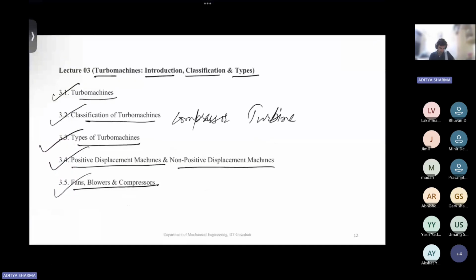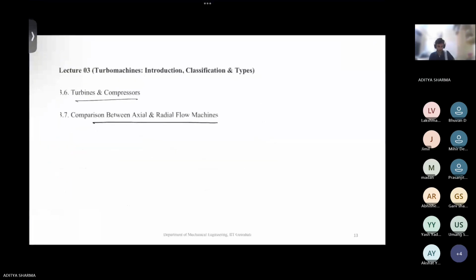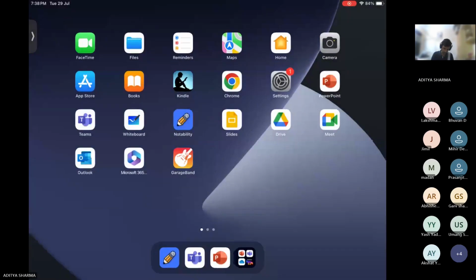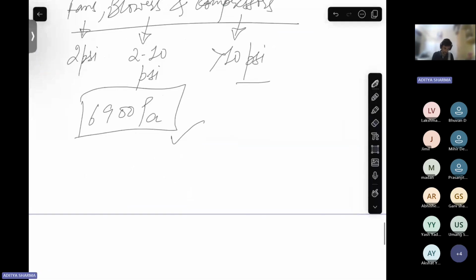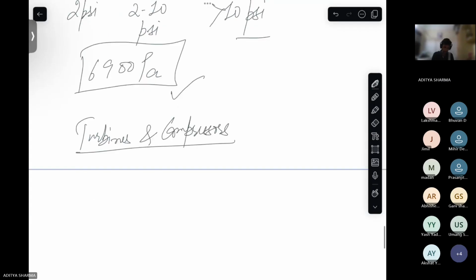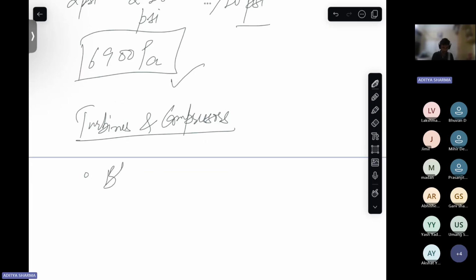Then what is there? Then there are your turbines and compressors. So these basically consist of blades.